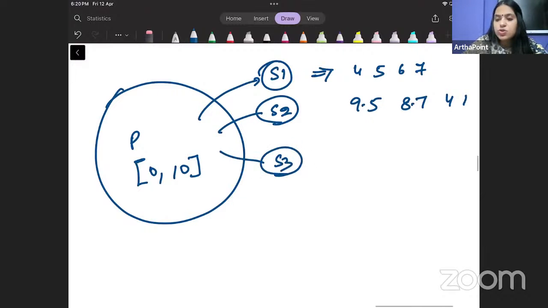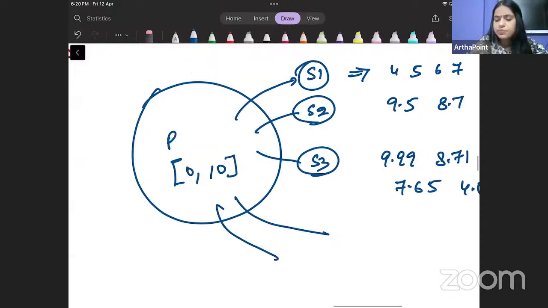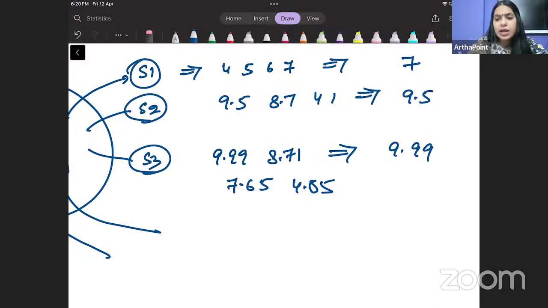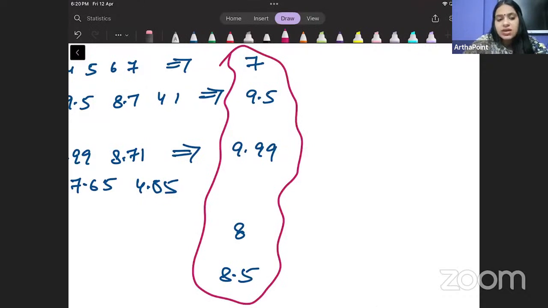I take sample 3, the observations are 9.99, 8.71, 7.65 and 4.84. Like this I took a lot of samples, right? Here the maximum value comes out as 7, as 9.5, as 9.99. I take some more samples, there the maximum comes as 8, as 8.5. So you see that in any sample it is possible that none of the samples has the maximum value 10. This is possible.